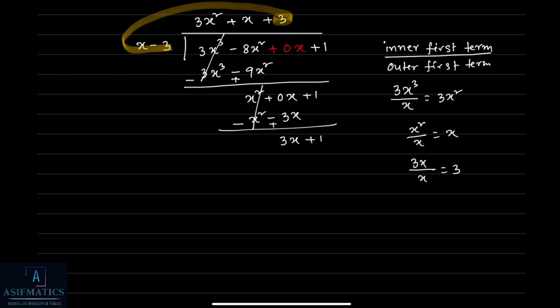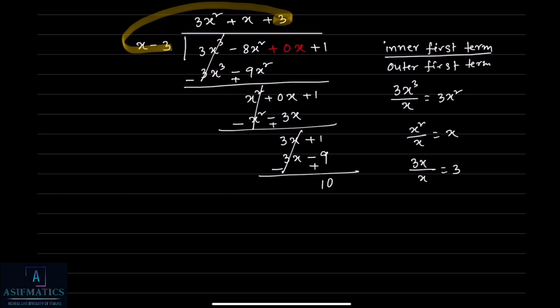So here we can write 3x, and 3 times minus 3 is minus 9. Change the sign, 3x cancels out, and we can write plus 10.